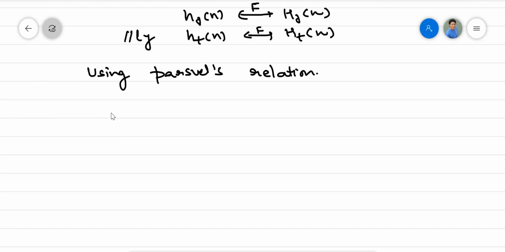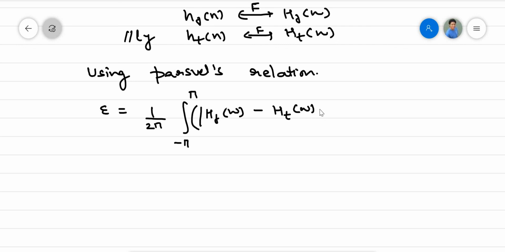That is, error equals 1 by 2 pi, integral from minus pi to pi of |H_d(omega) minus H_t(omega)| squared d omega.